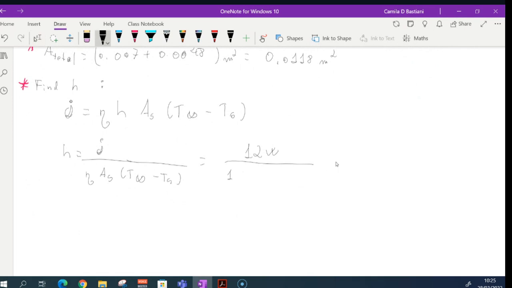My efficiency is 1. My total area of heat transfer is 0.0118 meters square. Temperature of the surface minus the air. Sorry, I think I inverted here. Surface minus air in this case.